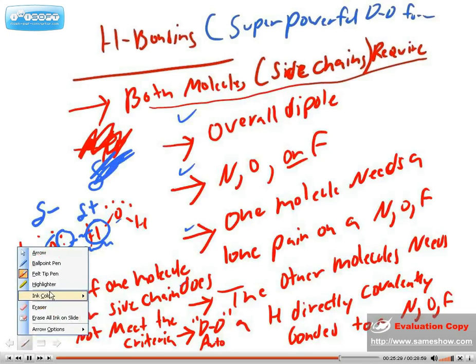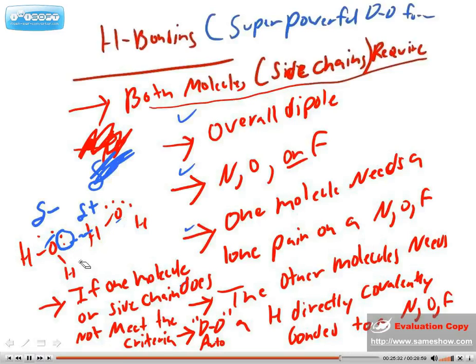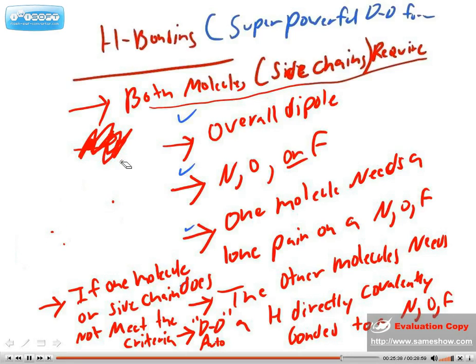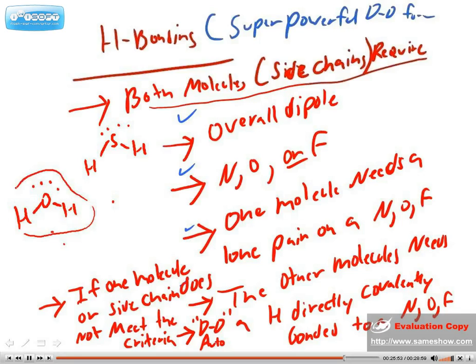So let's go ahead and play with this really quick. Let me erase this. I could have a situation where one of the molecules achieves the criteria. So for example, here I have a water molecule, and then I have a hydrogen sulfide. This one right here has a lone pair or a hydrogen covalently bonded, so it's ready to hydrogen bond.